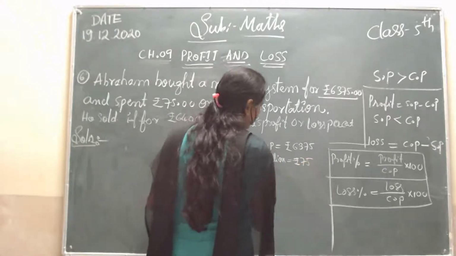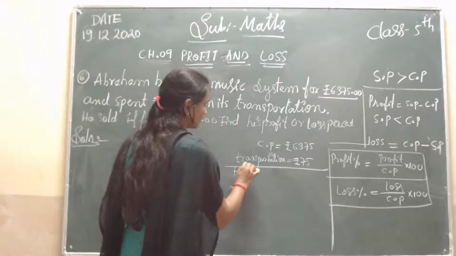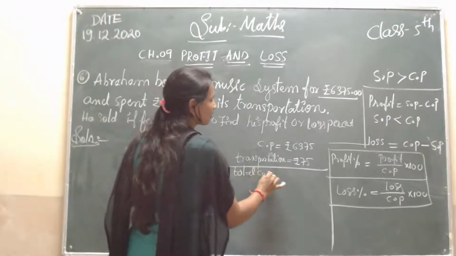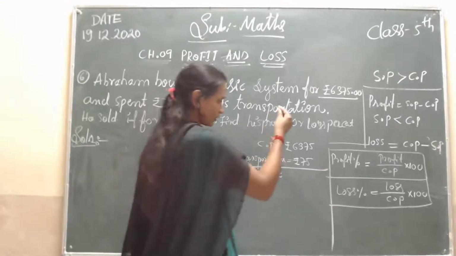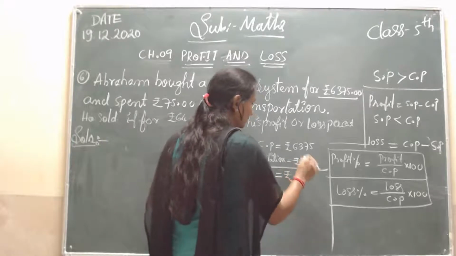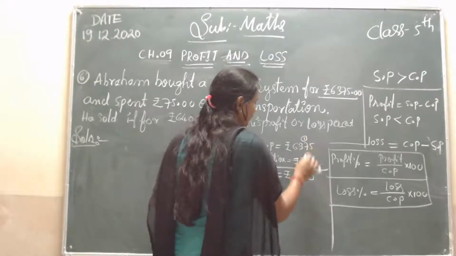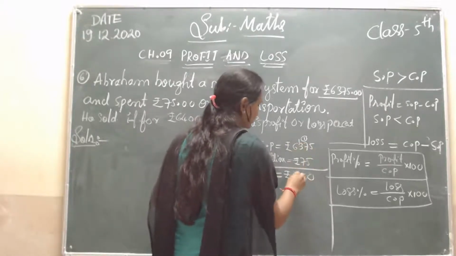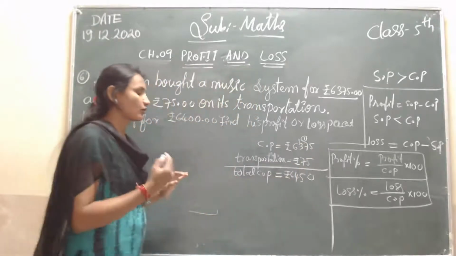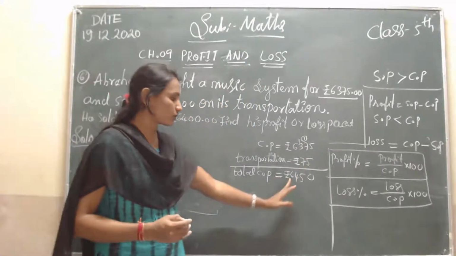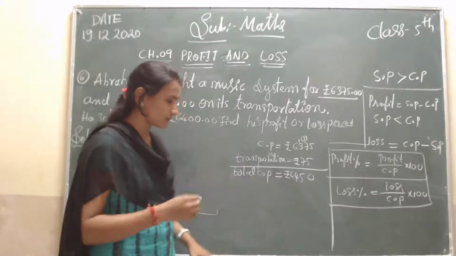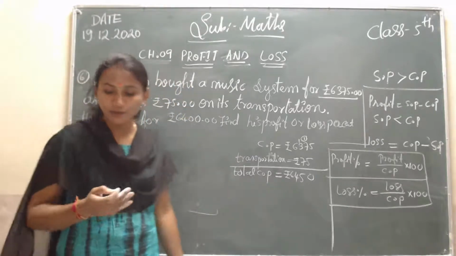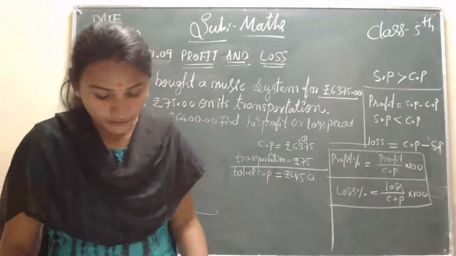This is the total cost price you have to consider, because you have to do addition. So it's 10, again 1 carries, 14 and 15, here the 4 and 6. What is the total cost price? The total cost price is 6,450 rupees. Yes. So next.